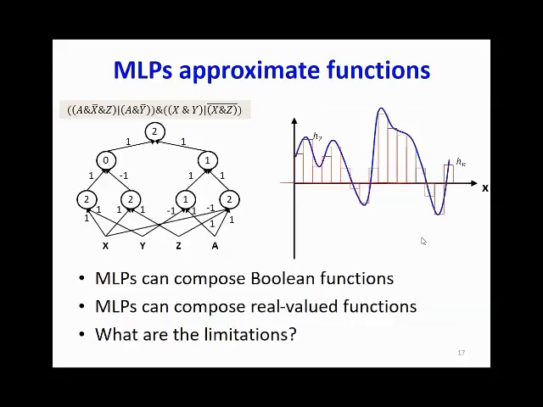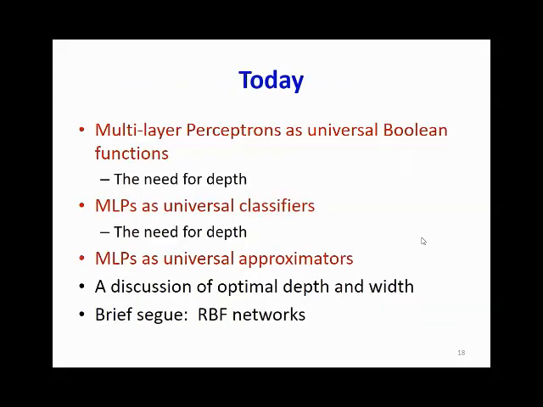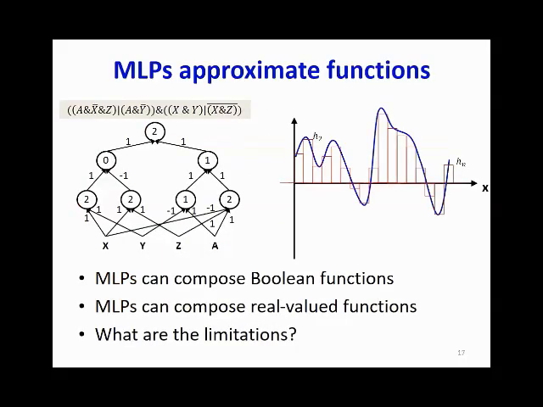We've already seen that the network can compute Boolean functions operating on Boolean inputs and producing Boolean outputs, like this network to the left, which is a function of Boolean variables. And we saw that when you construct it properly, you can construct a whole lot of very complicated Boolean functions.